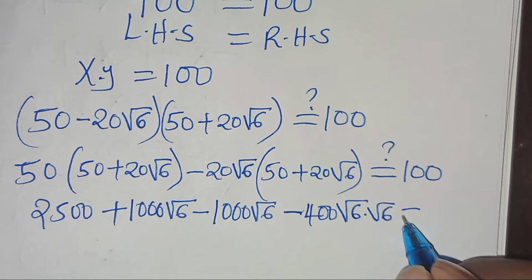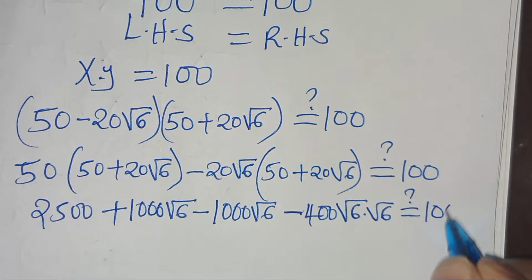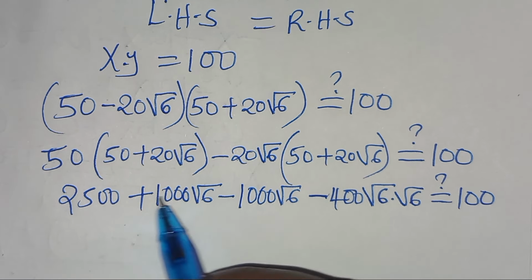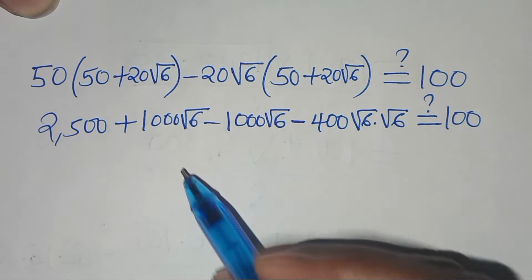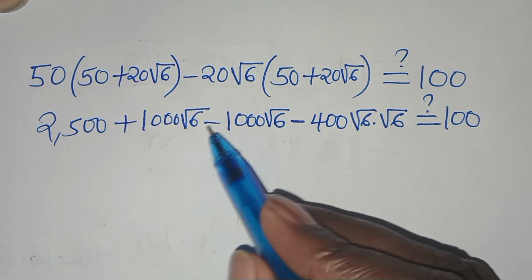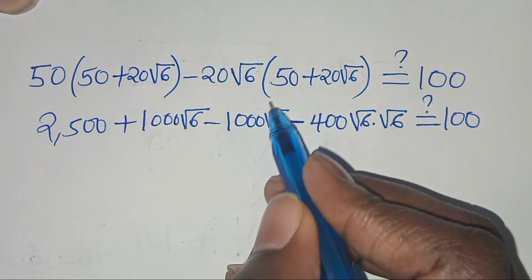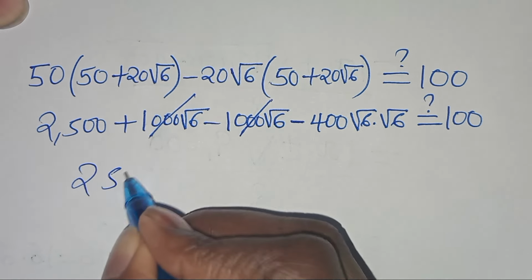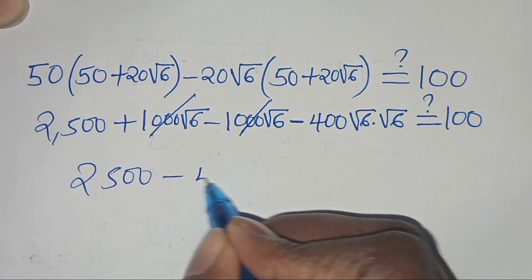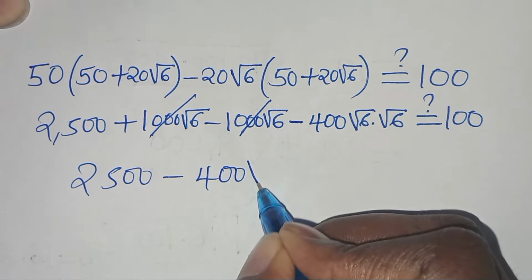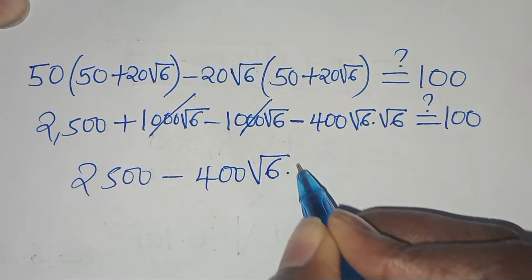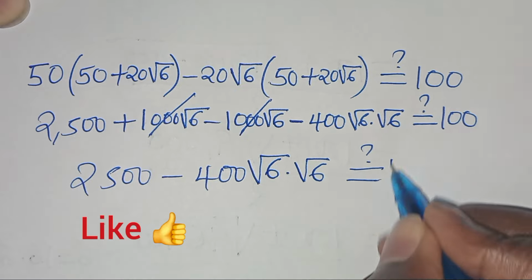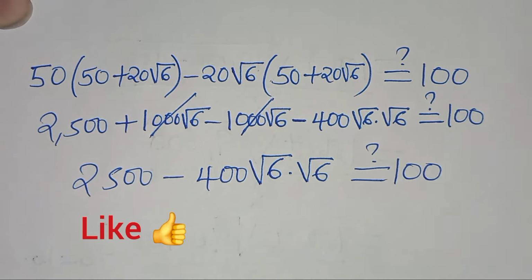This is supposed to give us a value of 100. The next step is that 1000 square root of 6 minus 1000 square root of 6 simplifies, so that we have 2500 subtract 400 multiplied by square root of 6 times square root of 6. This should give us a value of 100.